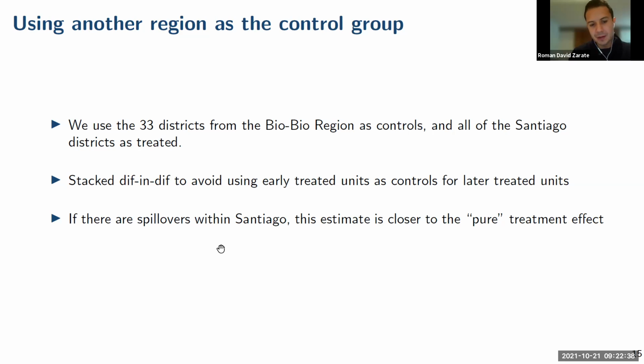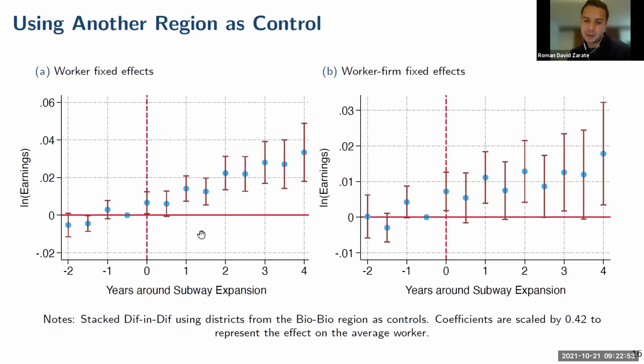If there are spillovers within Santiago, this estimate is going to be closer to a pure treatment effect, in the sense that there can be some agglomeration spillovers due to a transportation network. And what we find are bigger results than we previously found. For the earnings, there is an increase of around 2% when we compare the workers in Santiago versus the workers in this Bio-Bio region.